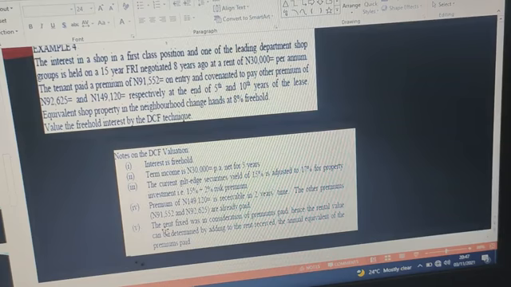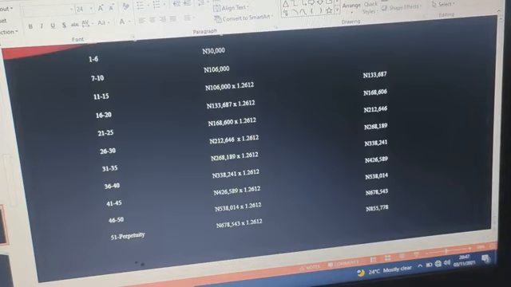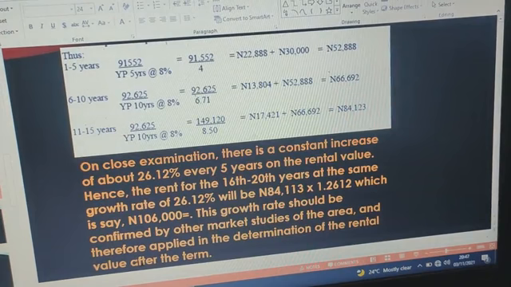Thus, 1 to 5 years: 91,552 equals N22,888 plus N30,000 equals N52,888.